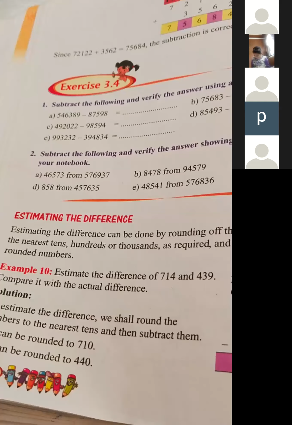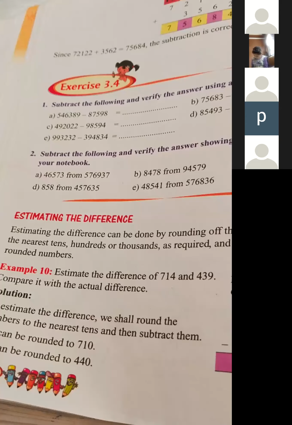Yes, ma'am. Okay, beta. First, read the question. And why you have written the second term first, please explain to everyone. Okay, start. Ma'am, because the second number is the largest one. Okay, then.